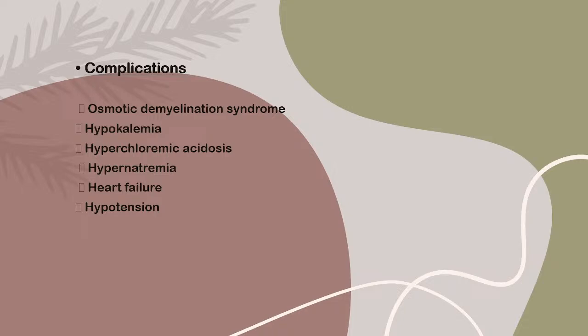rapidly treating hyponatremia. If we talk about osmotic demyelination syndrome a bit, this is also known as central pontine myelinolysis. This is another name for osmotic demyelination syndrome.